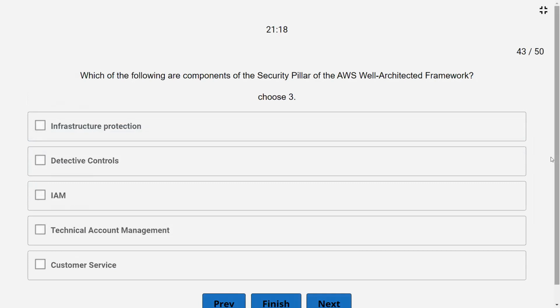Which of the following are components of the security pillar of the AWS well-architected framework? Security pillar. If you want to secure your AWS, how do you do that?